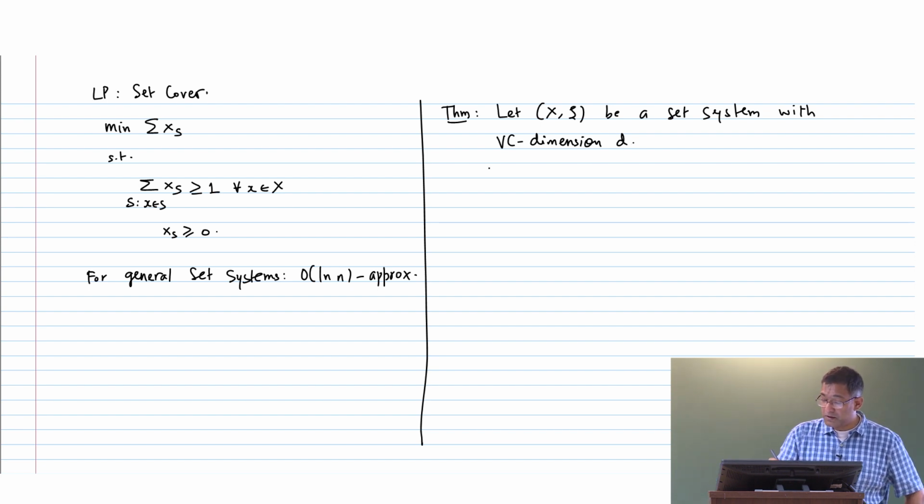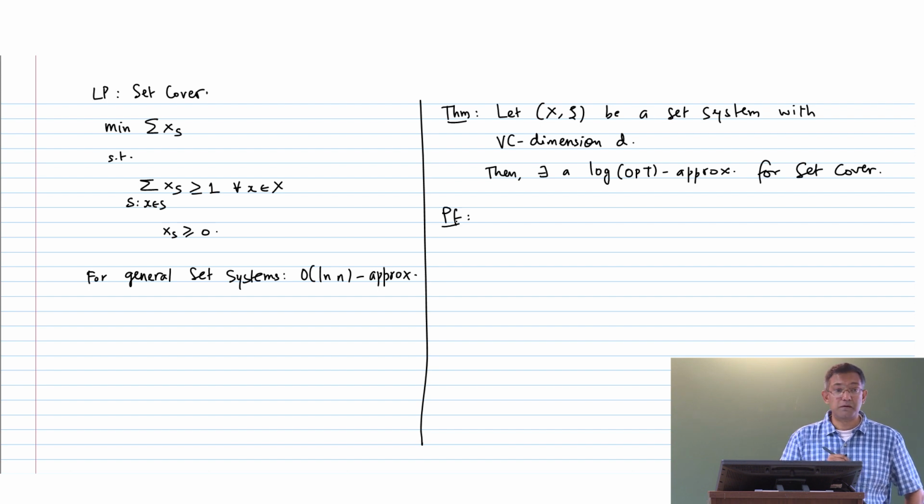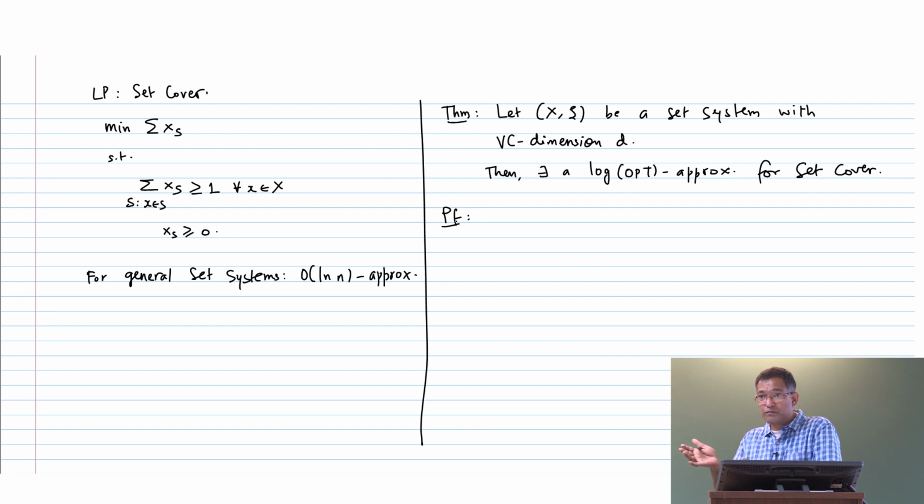Then there exists a log opt approximation for set cover. Notice that log opt is better than log n. Opt could be very small, you might have maybe few sets that cover all the points, but n could be very large. So it's an improvement over the log n approximation for set systems with bounded VC dimension.